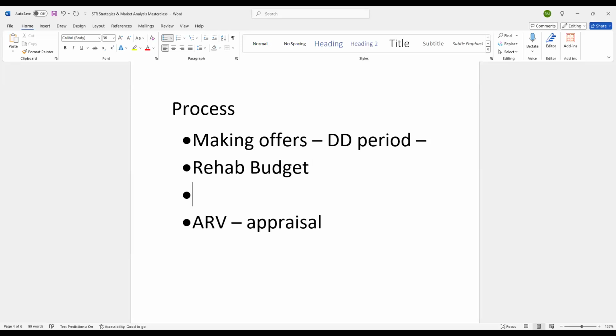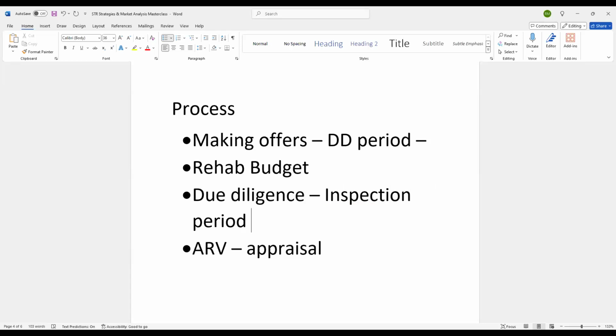Before you get to that part, as you come out of the due diligence period, there's the inspection period. By the way, when we work with our students, we help you every step of the way when you're making an offer. As you make your offer, we're helping you with the market analysis, making sure you've got everything covered, and giving you pointers on what to negotiate for. Once you're in your due diligence period, we help you confirm the rehab budget and make sure you do your inspection during that period.